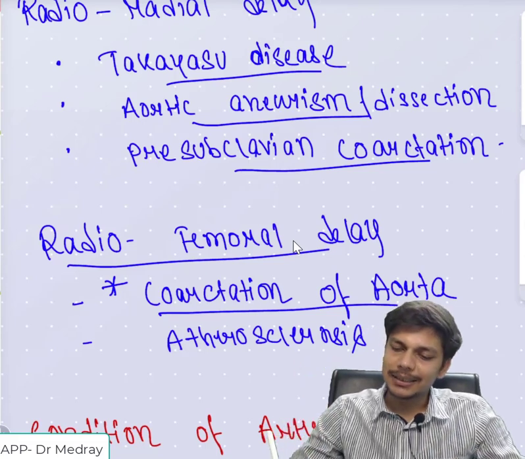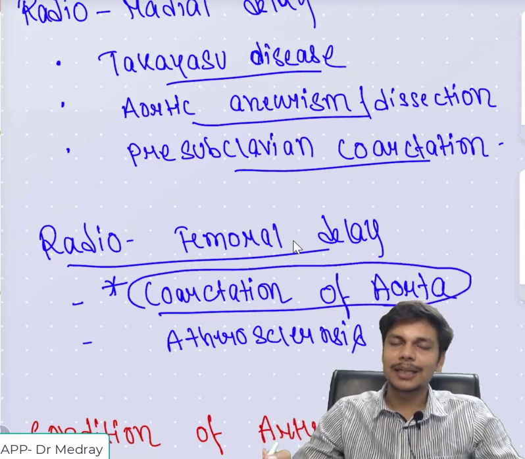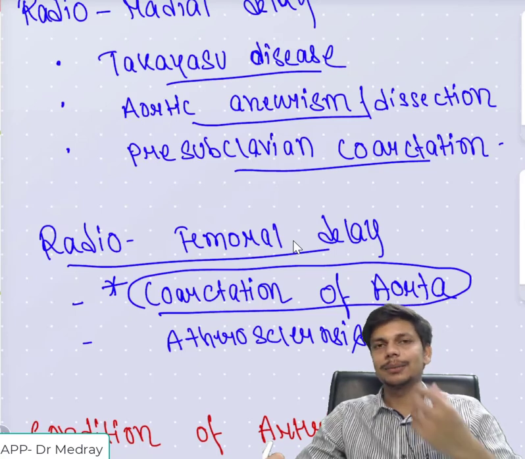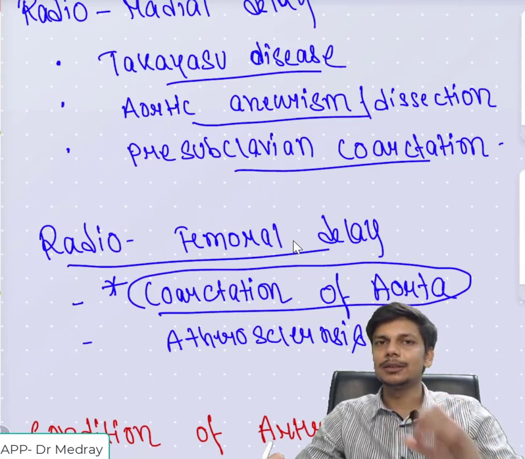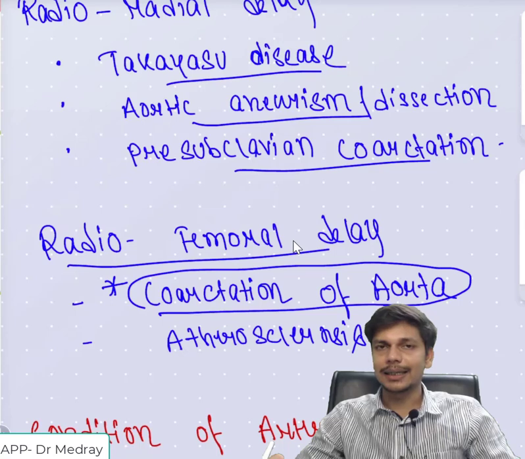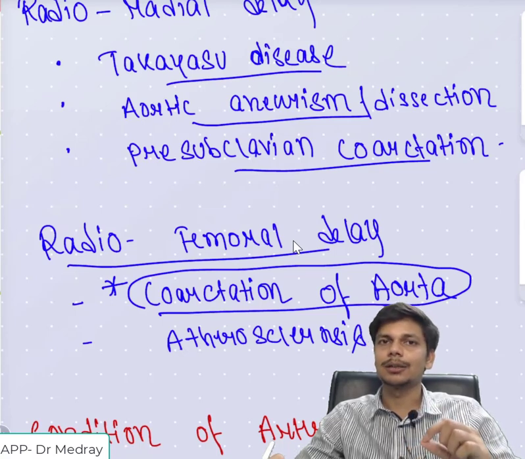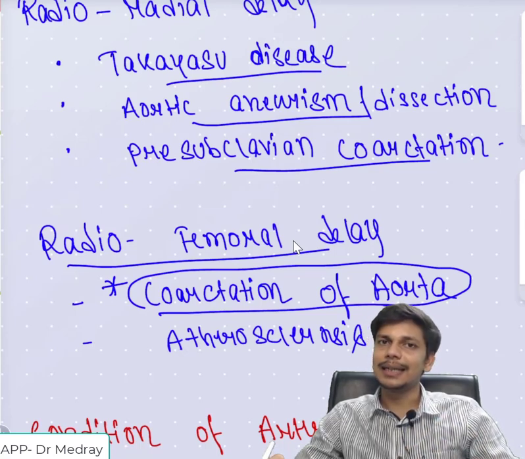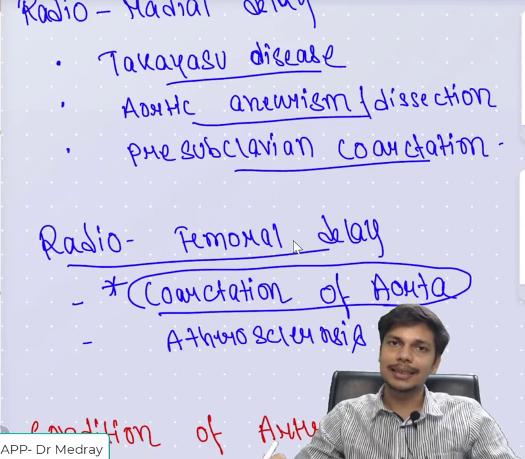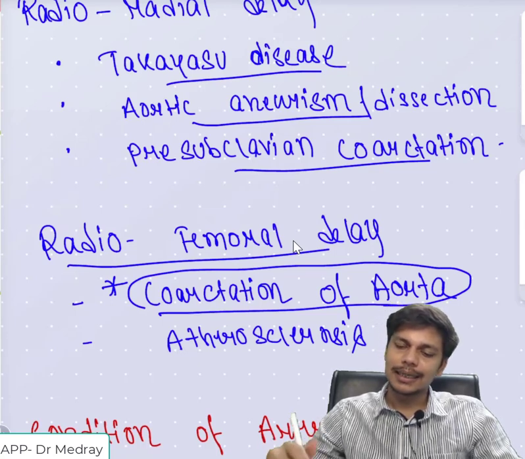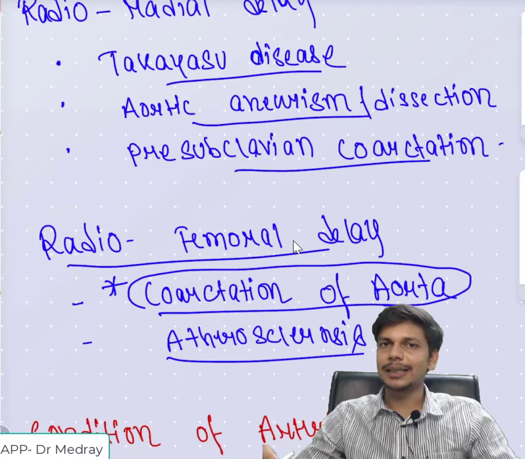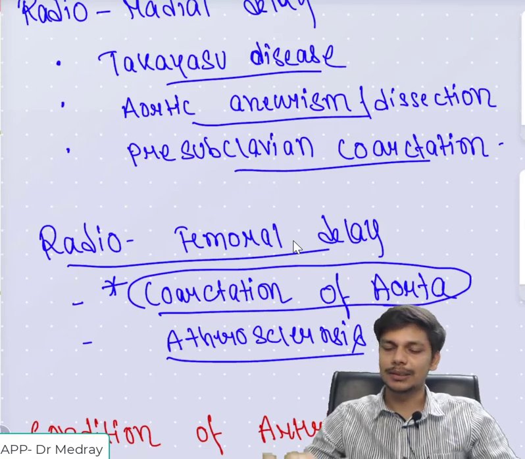The patient with coarctation of the aorta may have radiofemoral delay, as the blood supply to the lower limb is reduced because of the coarctation. That will cause a delayed pulse and a low volume pulse in the femoral arteries. Atherosclerosis of the abdominal aorta can also cause radiofemoral delay or reduced volume in the femoral pulse compared to the carotid and radial pulse.